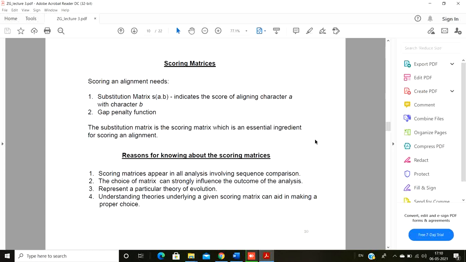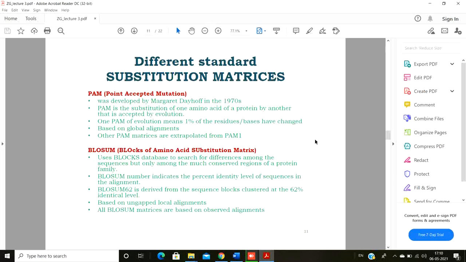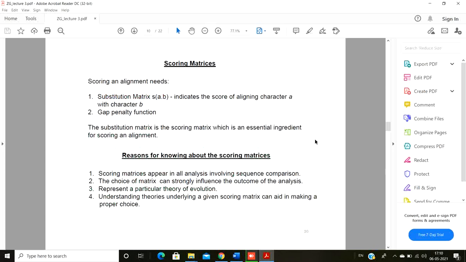Substitution matrix, there are two kinds. One is the PAM, another is the BLOSUM. Now PAM means point accepted mutation. Let me first tell you something about the substitution matrix. Usually what happens, suppose in a particular protein there's a substitution.